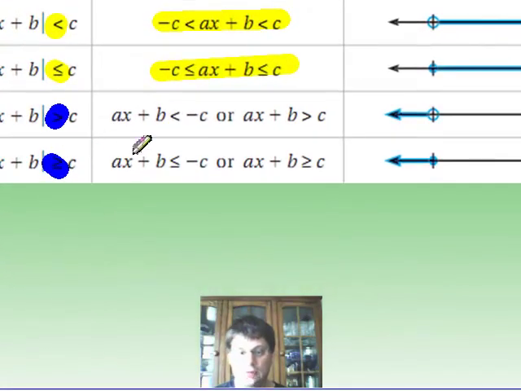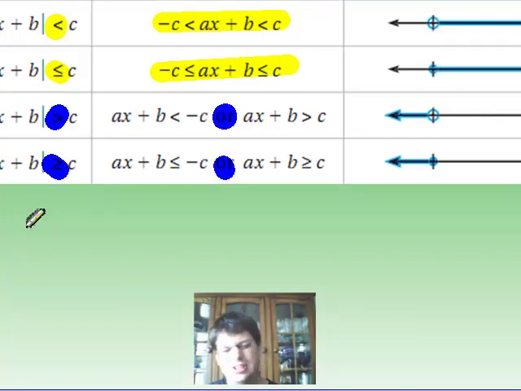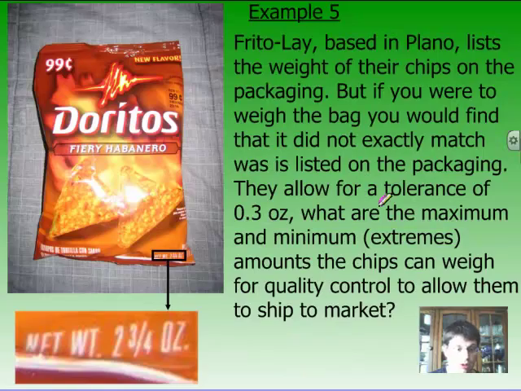And then if we were to look at the greater than or equal to, we would end up getting an OR statement. And those would be like opposing rays. So make sure you write that down. You really don't need to necessarily memorize this, because you can figure it out, just like we did with that previous example.